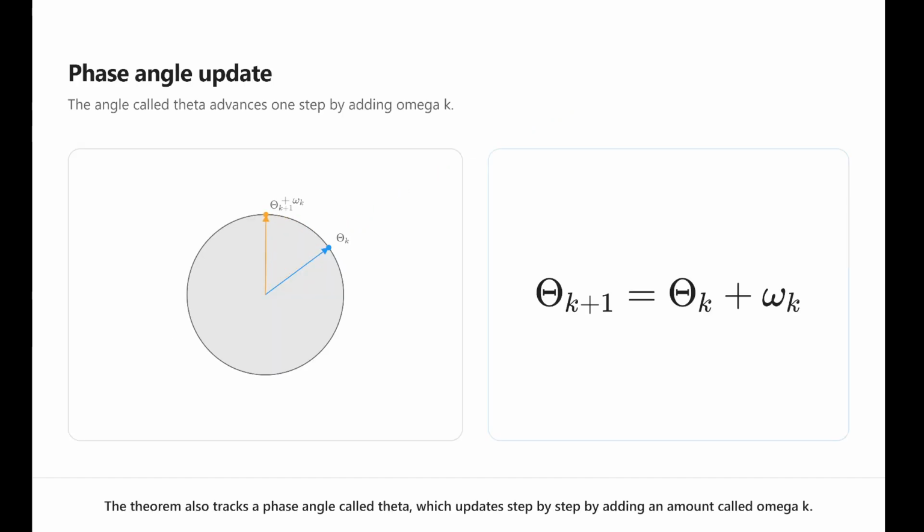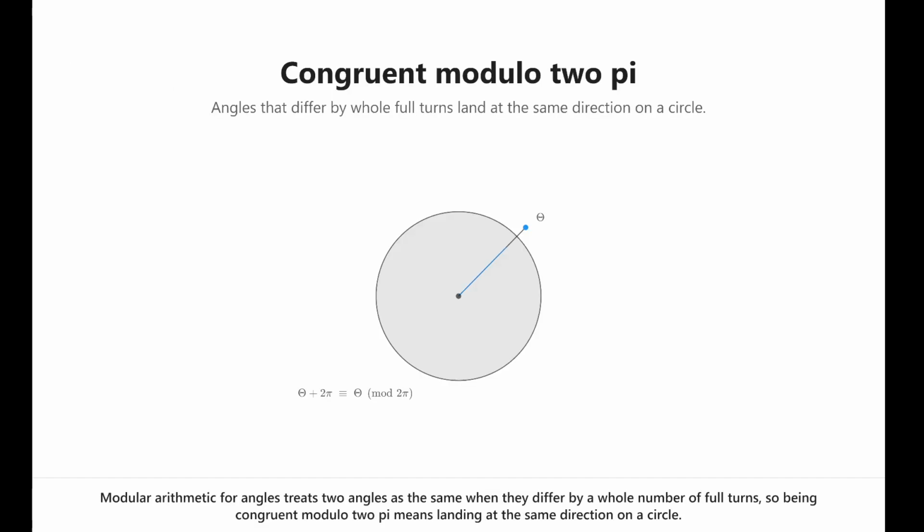The theorem also tracks a phase angle called theta, which updates step by step by adding an amount called omega k. Modular arithmetic for angles treats two angles as the same when they differ by a whole number of full turns, so being congruent modulo 2 pi means landing at the same direction on a circle.